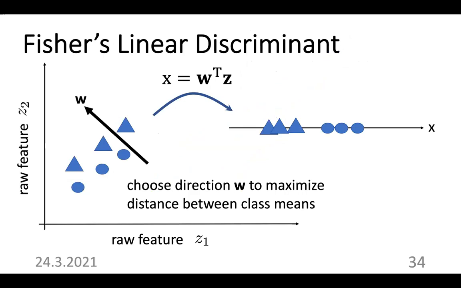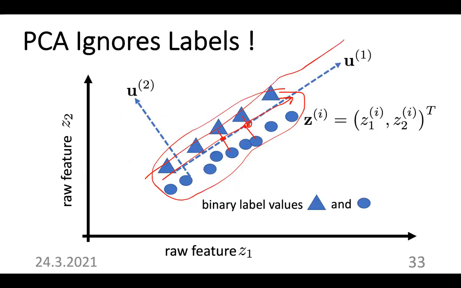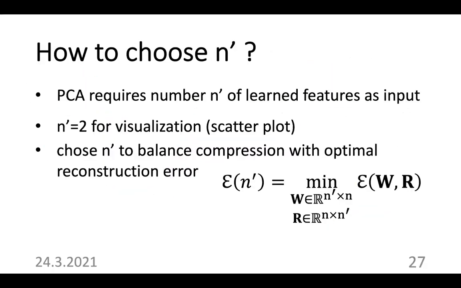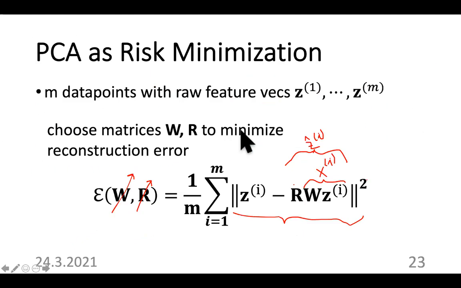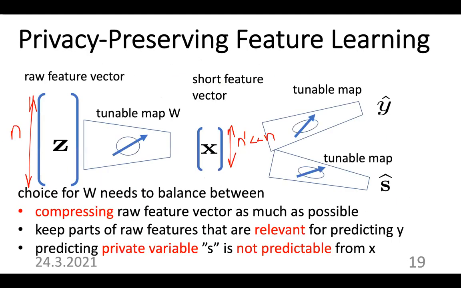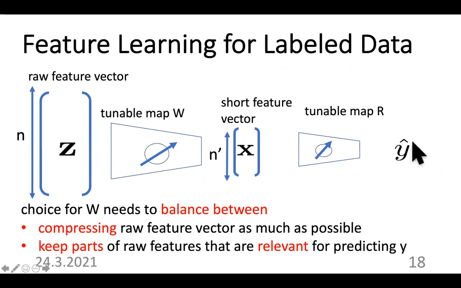And that's why we typically use a simple adaptation of PCA, which basically uses a different error criterion. So instead of a reconstruction error, we use linear compression with performance measured by the ability to predict the label.